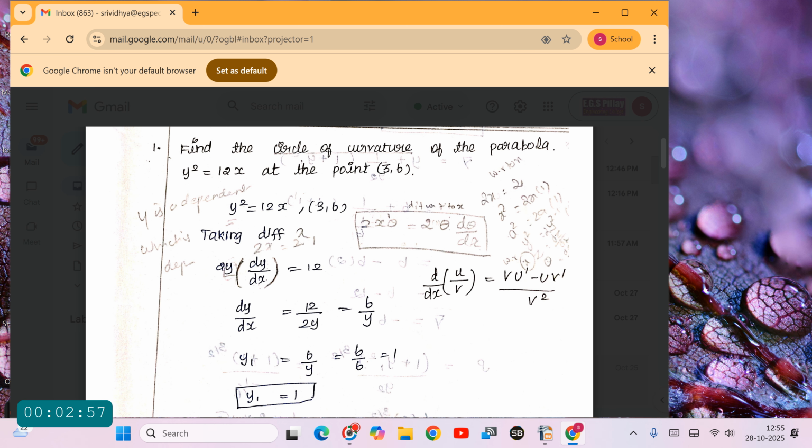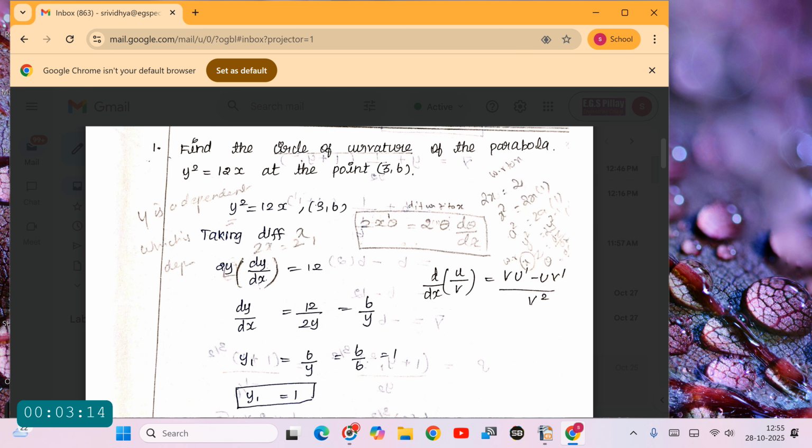So 2y into dy by dx is equal to 12. In the next step, we bring 2y to the right hand side. Then we have dy by dx is equal to 12 divided by 2y, that is 6 by y.